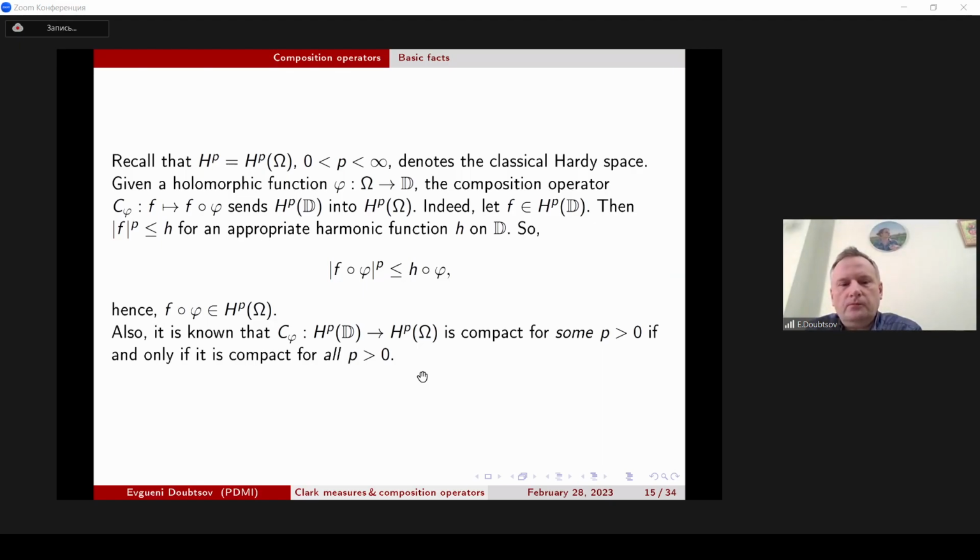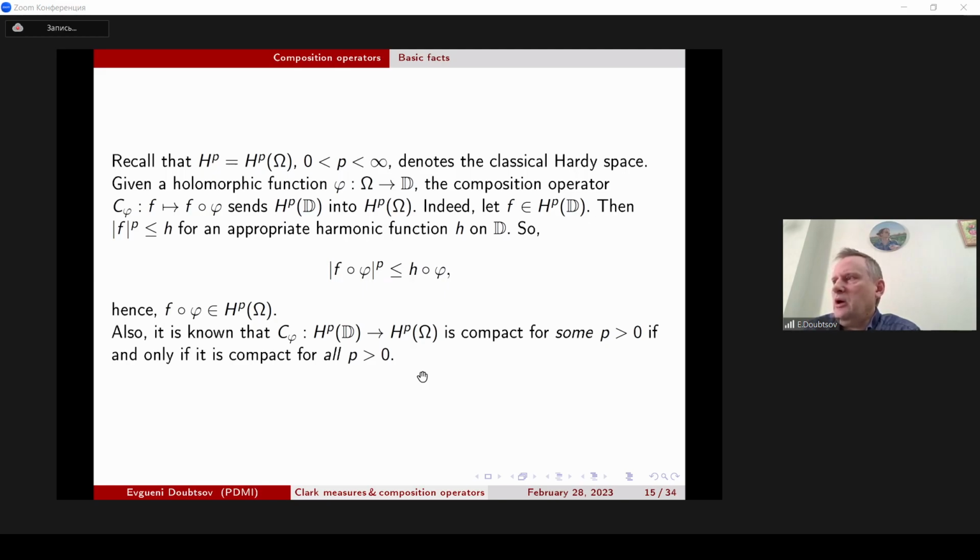Also, it is known that if we have an initial symbol, a holomorphic function phi, and the corresponding operator is compact for some p, then this happens if and only if it is compact for all p greater than 0. Well, in the classical situation, there are some special proofs.